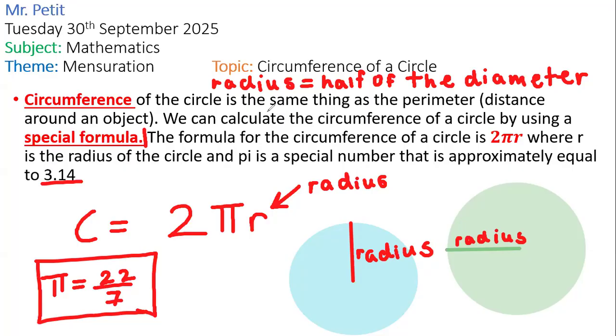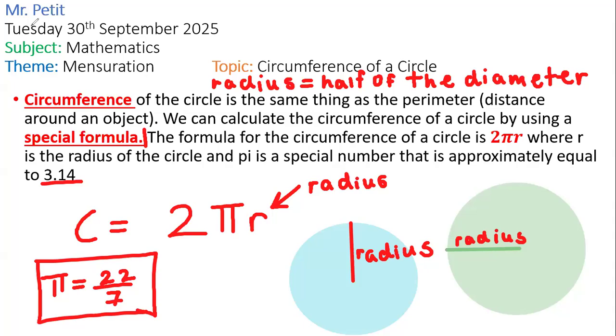We can calculate the circumference of a circle by using a special formula. The formula for the circumference of a circle is 2 pi r, where r is the radius of the circle and pi is a special number that is approximately equal to 3.14.